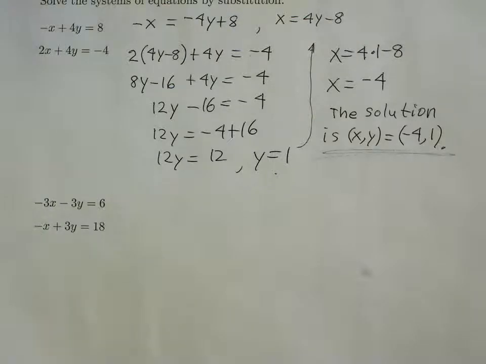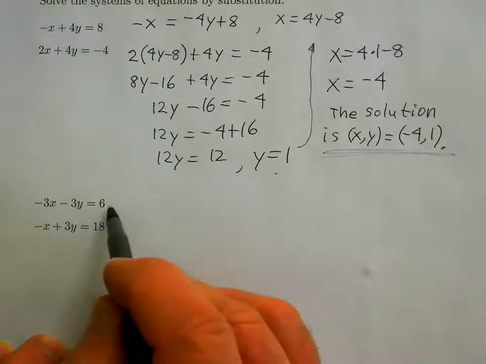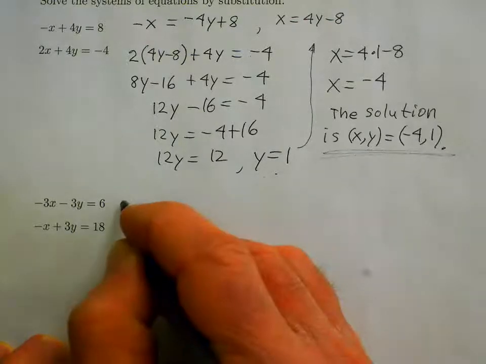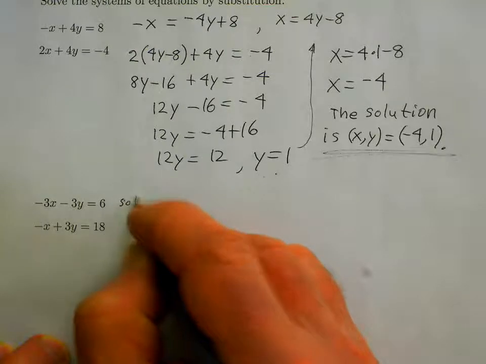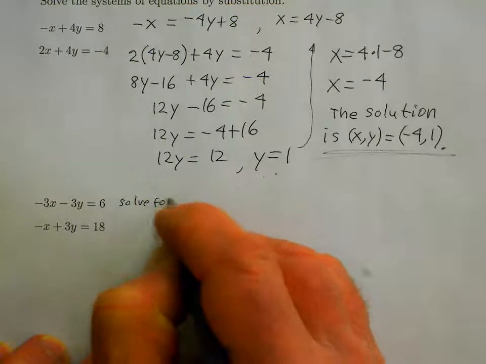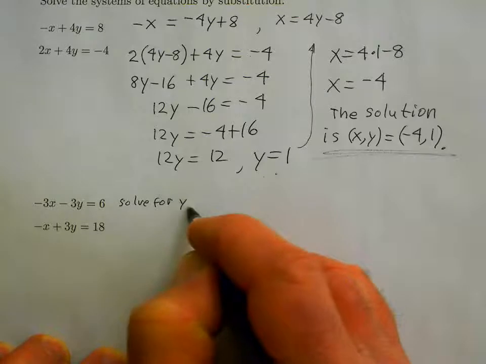We have those four choices. And then there are more sophisticated ways to use the substitution principle. I think I'm going to solve the top equation for y. You can choose to do it a different way if you want.